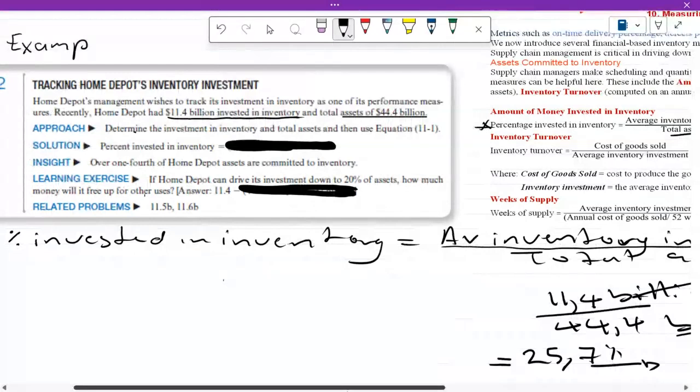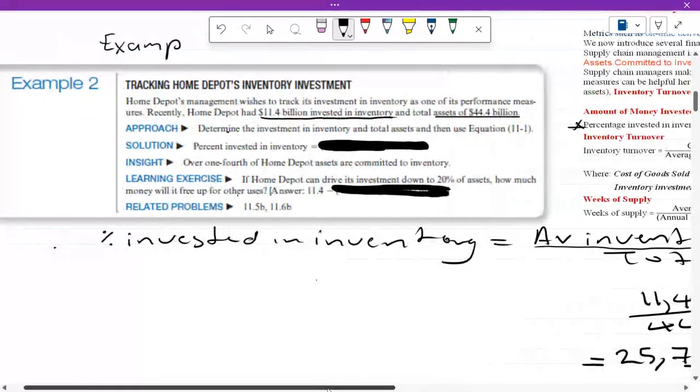If Home Depot can drive its investment down to 20% of assets, how much money will it free up for other uses? Okay, this one I did, but I think whatever I was practicing disturbed me.